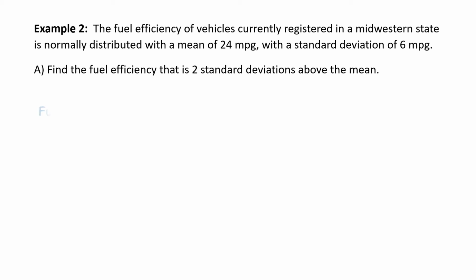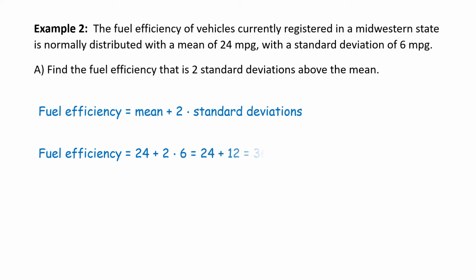So to compute this fuel efficiency, find the mean and add 2 standard deviations. Let's put the numbers into this formula. The fuel efficiency would be 24 plus 2 times 6, which is the standard deviation. The arithmetic takes us to 24 plus 12, or 36 miles per gallon.